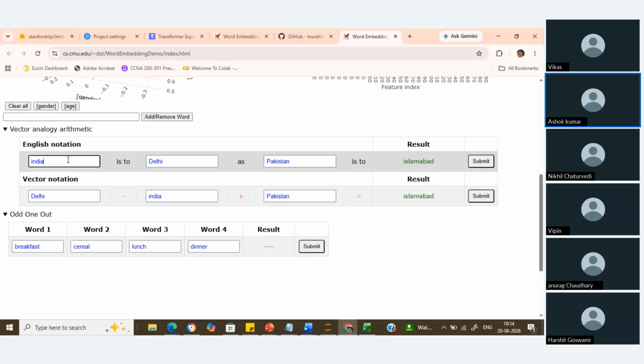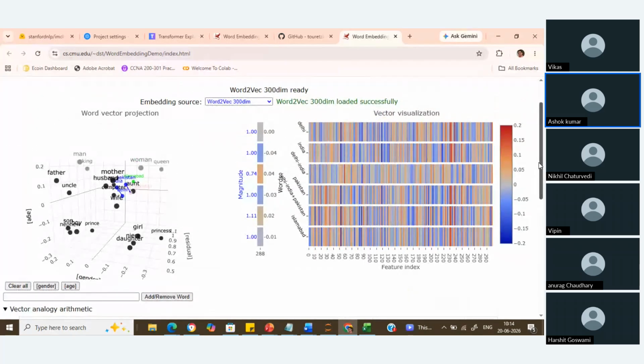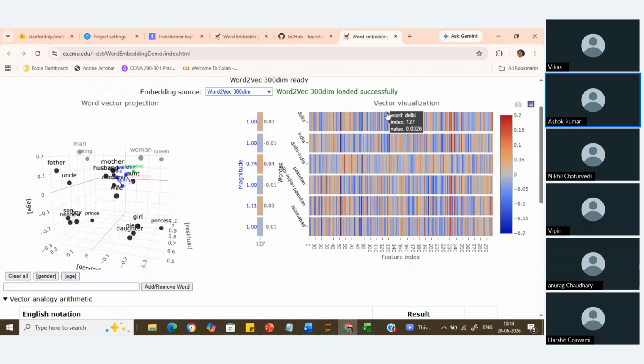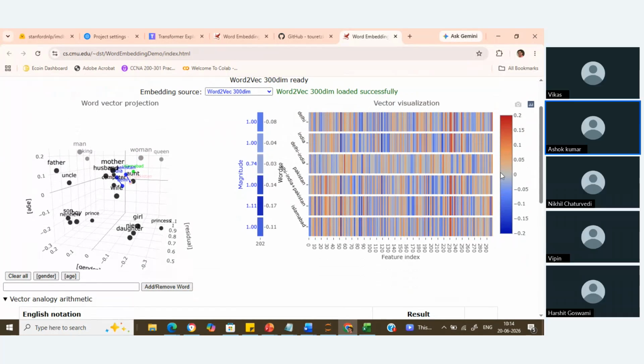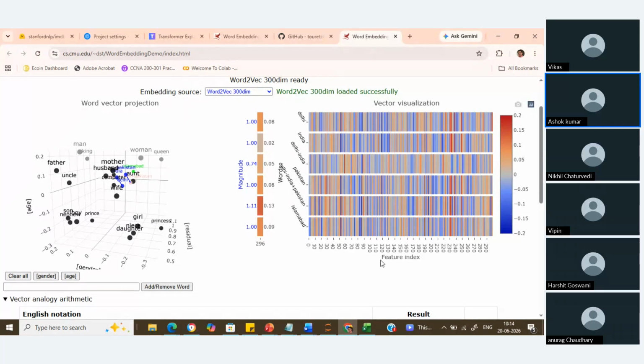I will provide you these particular threads, and you try to practice at your end and have a look. This is the vector visualization, and this is the distance calculation being done here, along with the features we have.